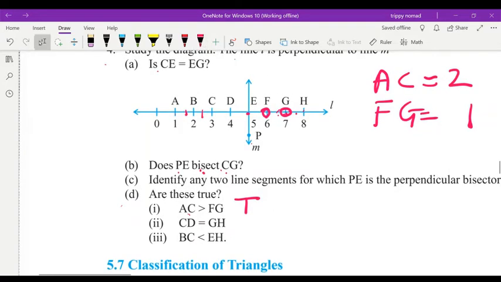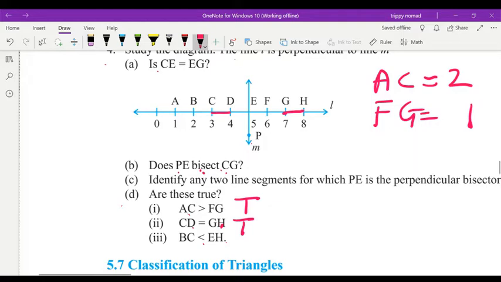So it is true. CD is equal to GH. CD is 1, and GH is also 1. Understood, children, what I am telling? So this is also true because both are equal. BC is smaller than EH.